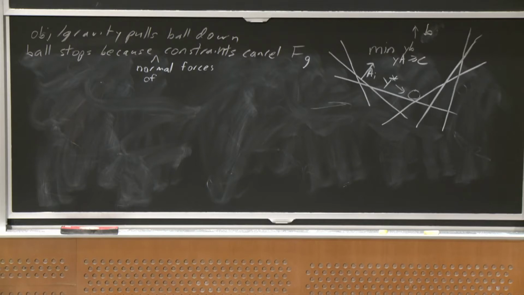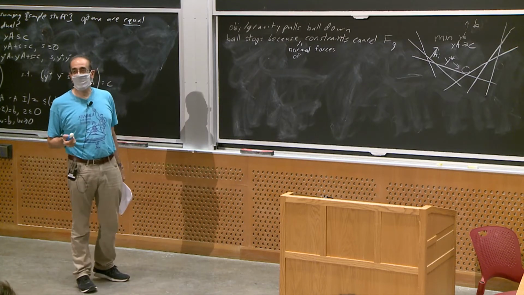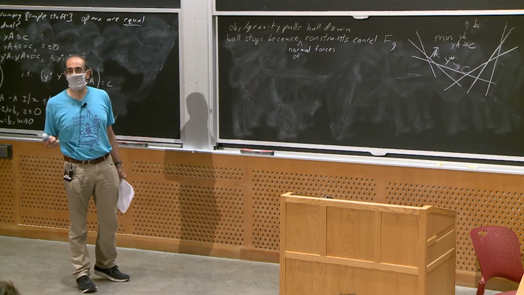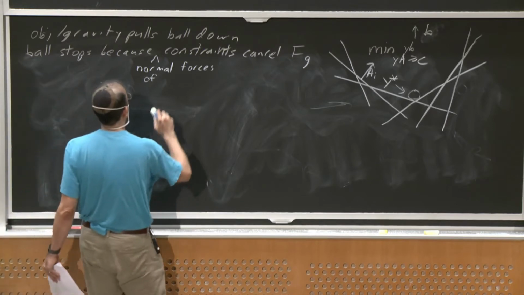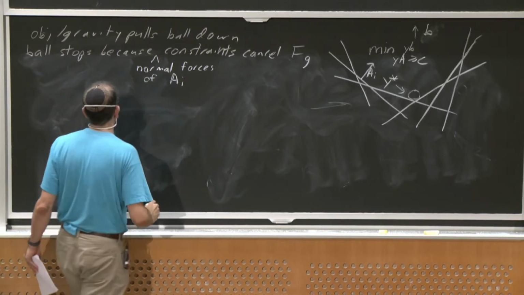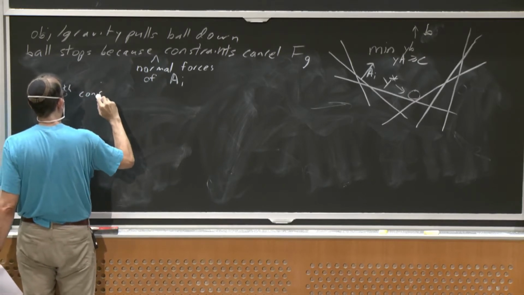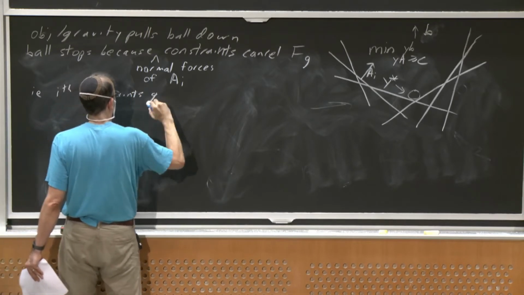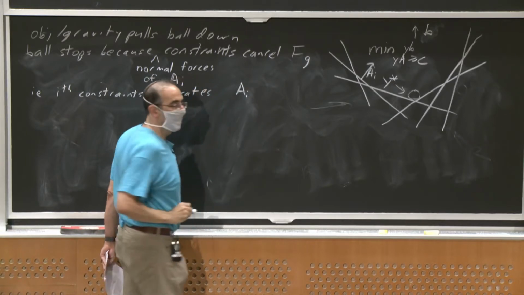When we say that y a_i is greater than or equal to c_i, a_i is that normal vector, right? And you'll notice I've pointed that normal vector in the direction where greater than or equal is the correct sign. In other words, the ith constraint generates a force in the direction of a_i, right?